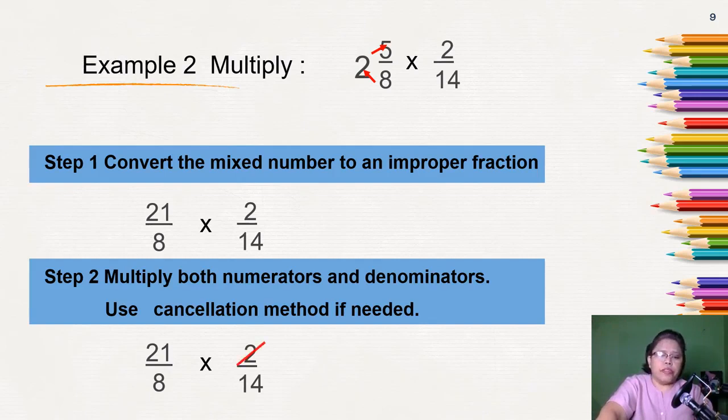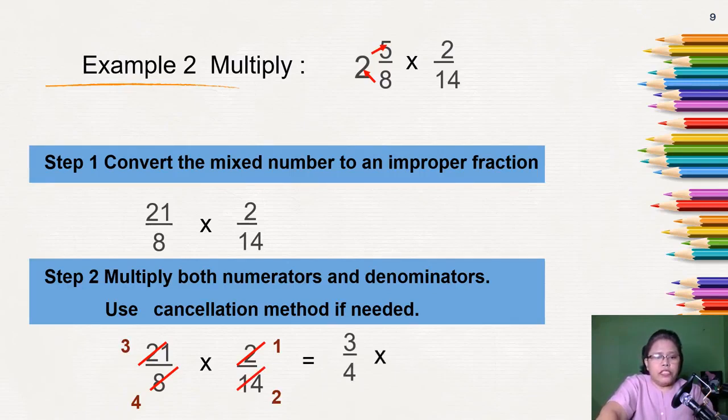You have 2 divided by 2, that's 1. 8 divided by 2, that is 4. And then, 21 divided by 7 ay 3. Okay, may tatlong 7 sa 21. And then sa 14, may dalawang 7. So, ang natira na lang natin is 3 and 1 sa taas at saka 4 and 2 sa baba.